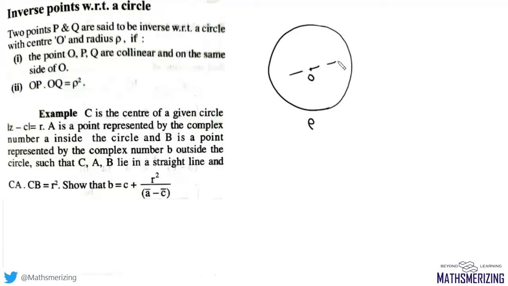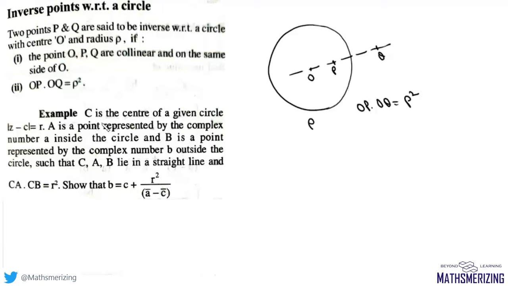So these 3 points O, P and Q must be collinear, with P and Q on the same side of O, and OP into OQ must be equal to rho square. So that is the definition of inverse points with respect to a circle.